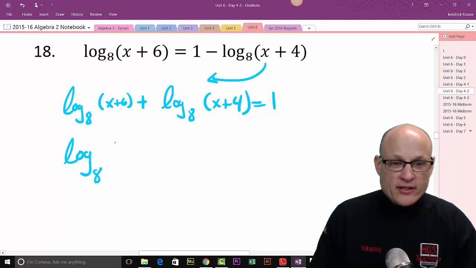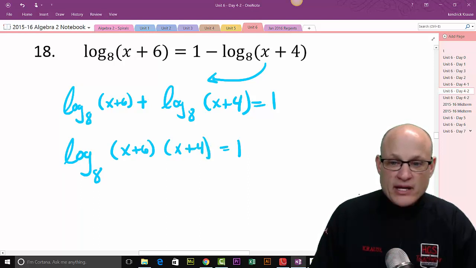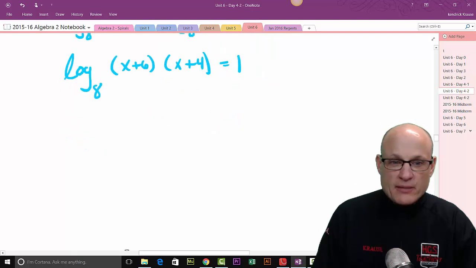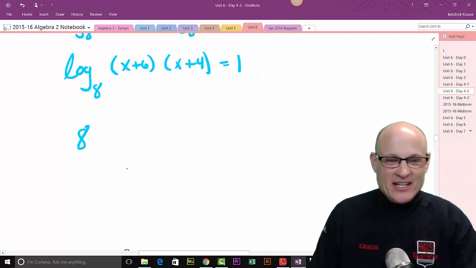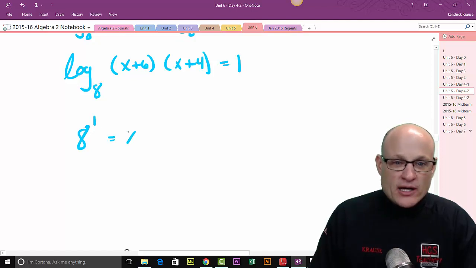Condense: log base 8 of x plus 6, x plus 4 equals 1. And now it's all about that base. Anybody getting tired of hearing that? Yeah, me too. 8 to the 1 is equal to x squared plus 10x plus 24.